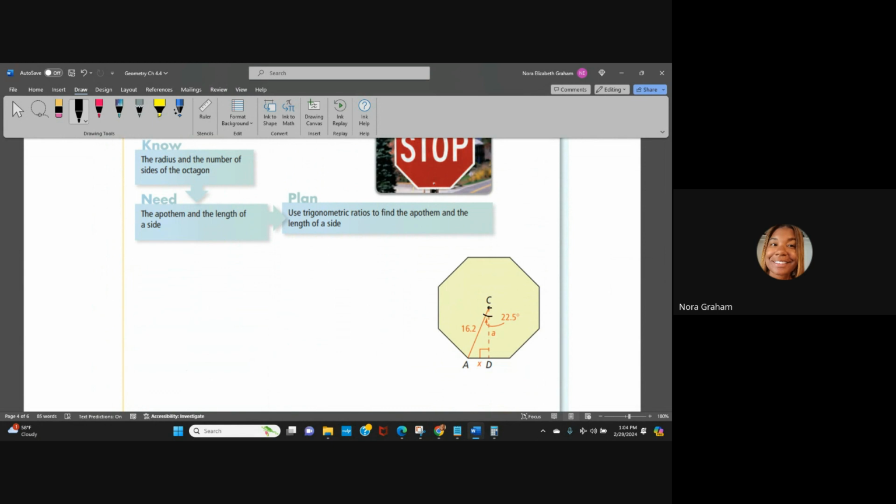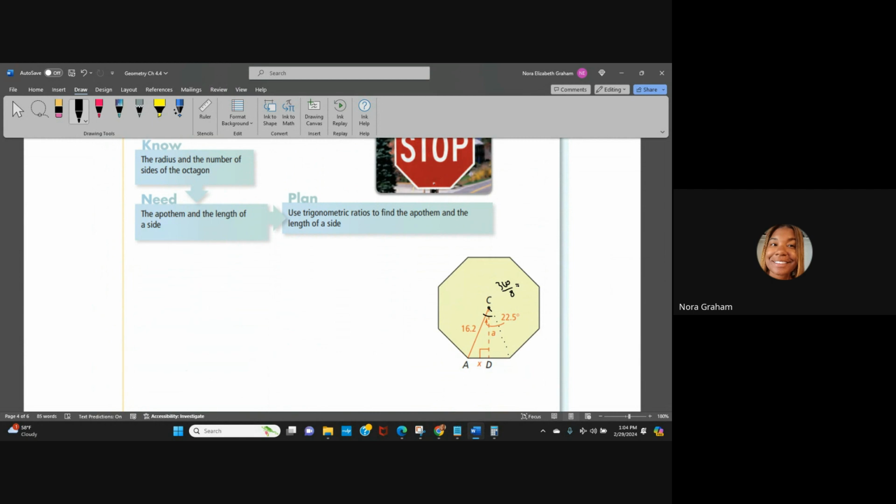But again, remember, if they didn't give us that angle and you didn't know how to find it, all you do is 360 divided by how many sides you have. With this one, we have 8 sides. So 360 divided by 8.